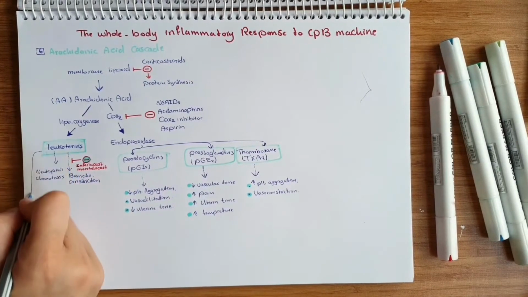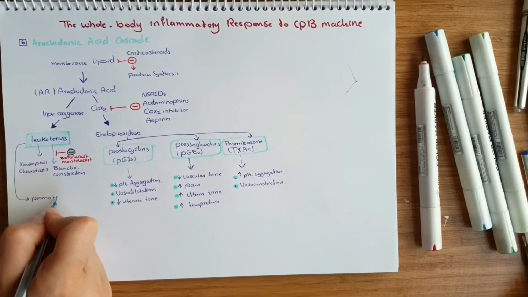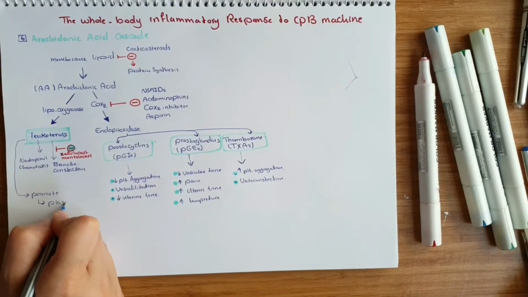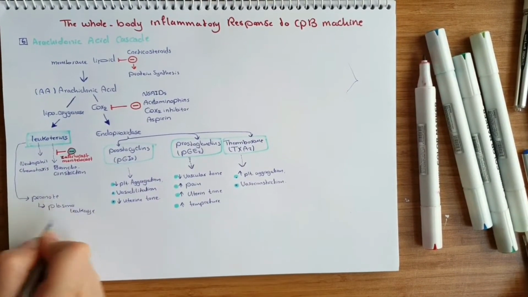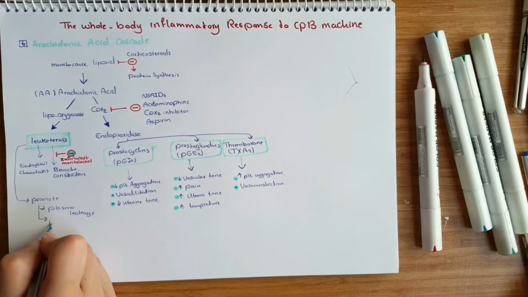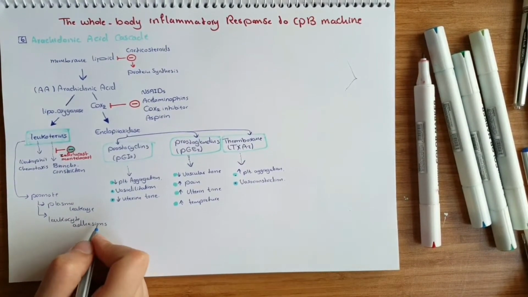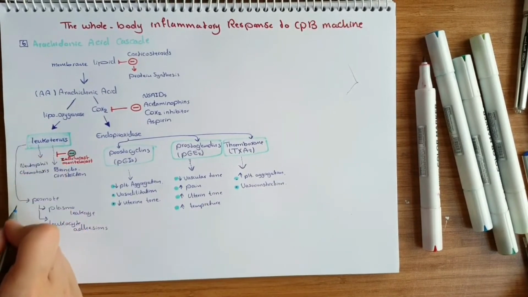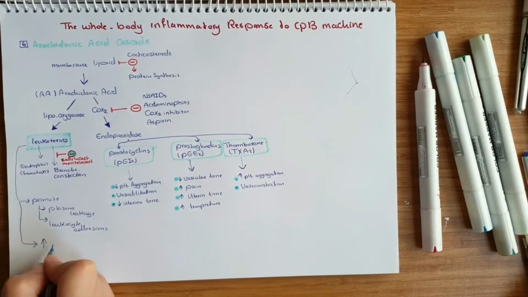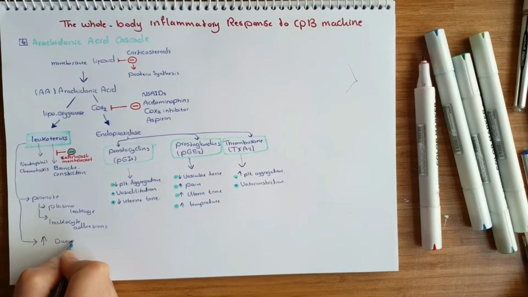And it also produces neutrophil chemotaxis. Leukotrienes promote plasma leakage and leukocyte adhesions. Leukotriene increases during and a short period after the cardiopulmonary bypass machine.